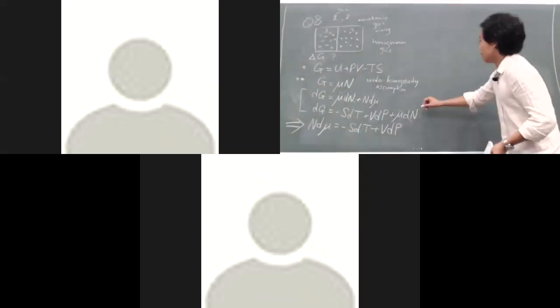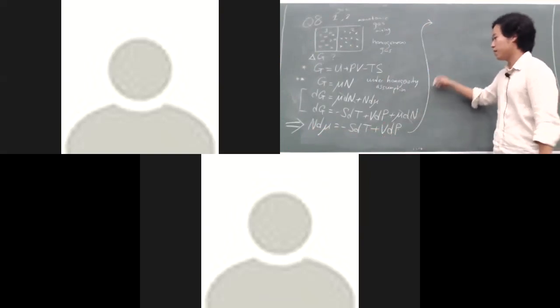Okay, and now let's take it back here. I want to reduce this to a specific value equation. So I divide by n across the right-hand side and reduce S and V into specific quantities. I get d mu is equal to minus little s dT plus little v dp.